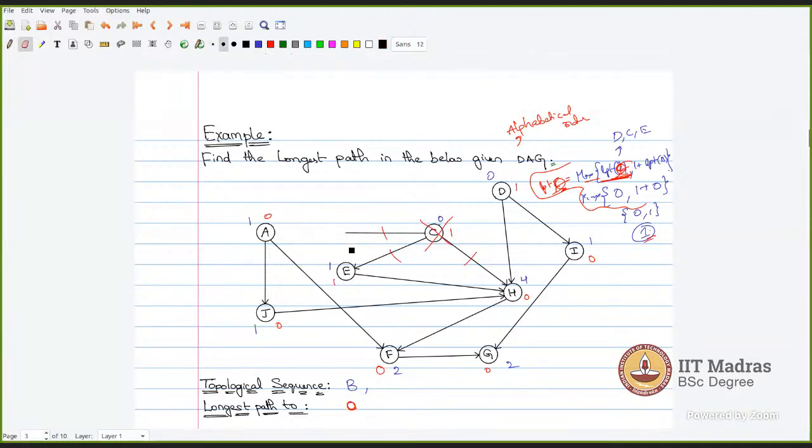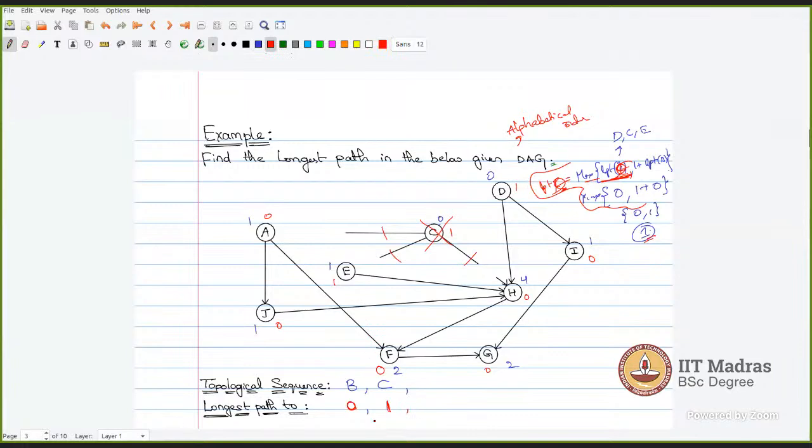After removing, what I have to do? I have to update the in degrees of which vertices? E and H. Correct. So now I will add that particular vertex C to my topological sequence, and the longest path to C is 1.